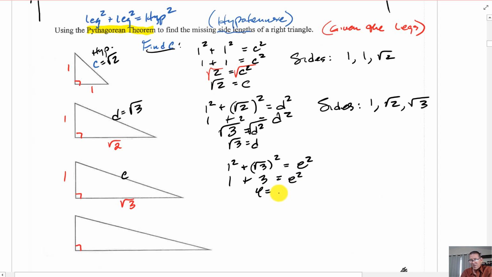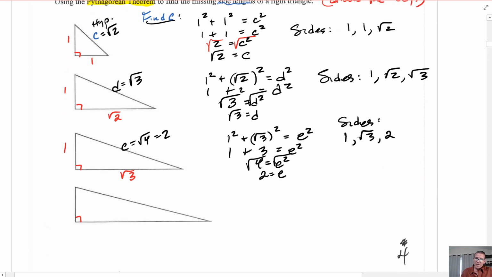That gives you 4 is equal to E squared, and obviously E has to be 2 because 2 squared is 4. So you square root both sides and you get 2 is equal to E. In this case, I get side lengths of 1, root 3, and 2. You can call it root 4 if you want, which is also equal to 2.